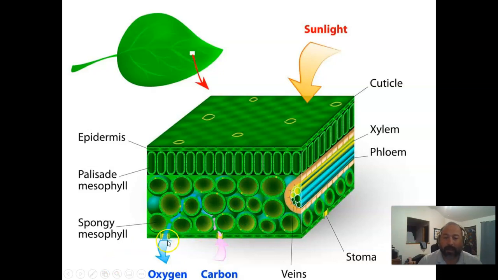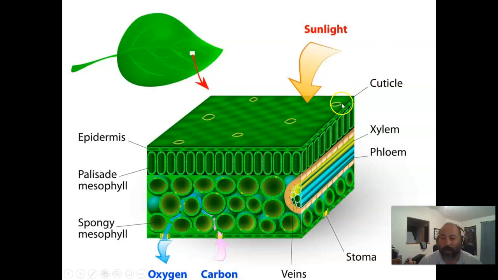Also, what's happening in there is that now, since the carbon is being used here, we're getting oxygen that can come out, and that happens through the stomata. So you see that it says stoma here. That's the little hole here, and we talked about the lenticels being available as gas exchange on the bark of the tree, whereas stomata are the pores for gas exchange on the leaves specifically.